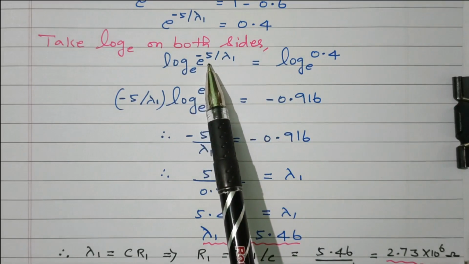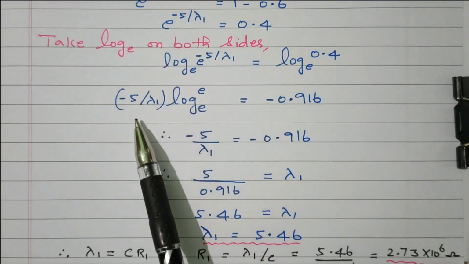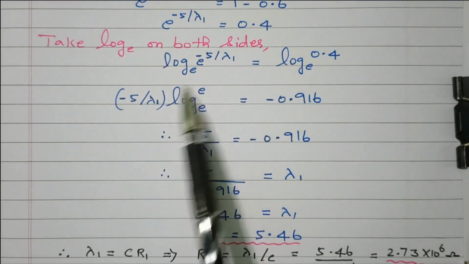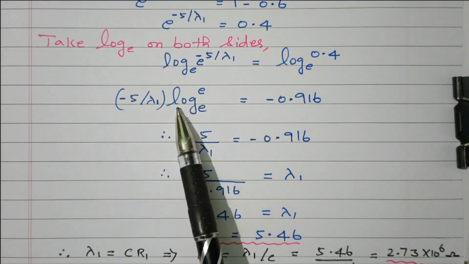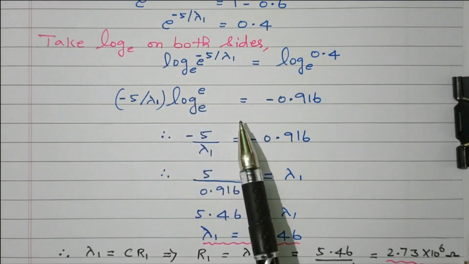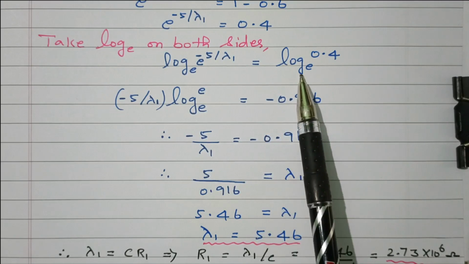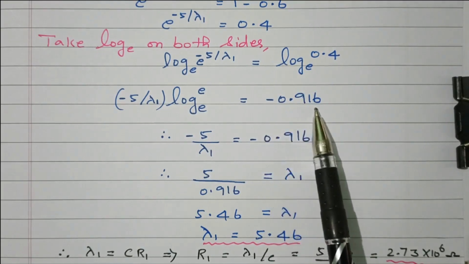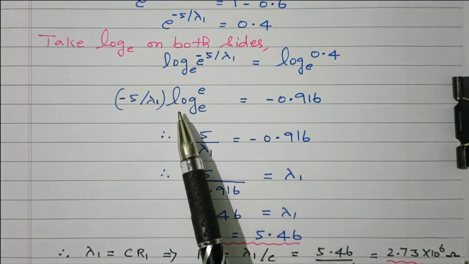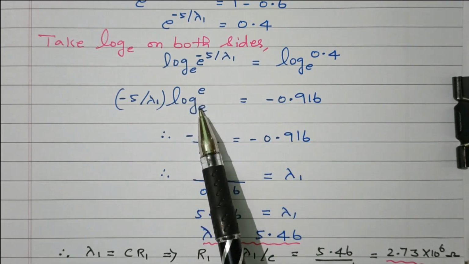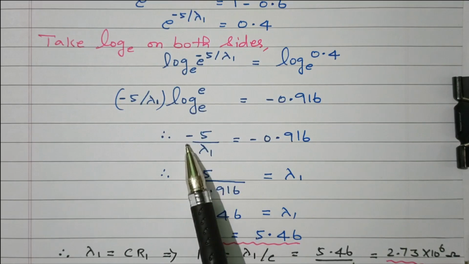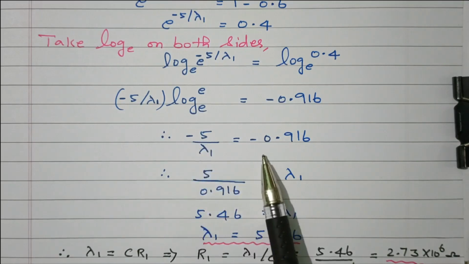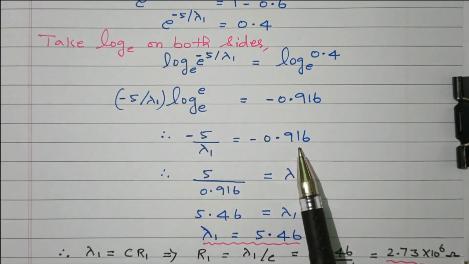So this power, minus 5 by lambda, will come to the front. Minus 5 by lambda 1 log e with base e equals the value of log 0.4 with base e, which is minus 0.916. We know that log e with base e is 1. So we have only minus 5 by lambda 1 equals minus 0.916.